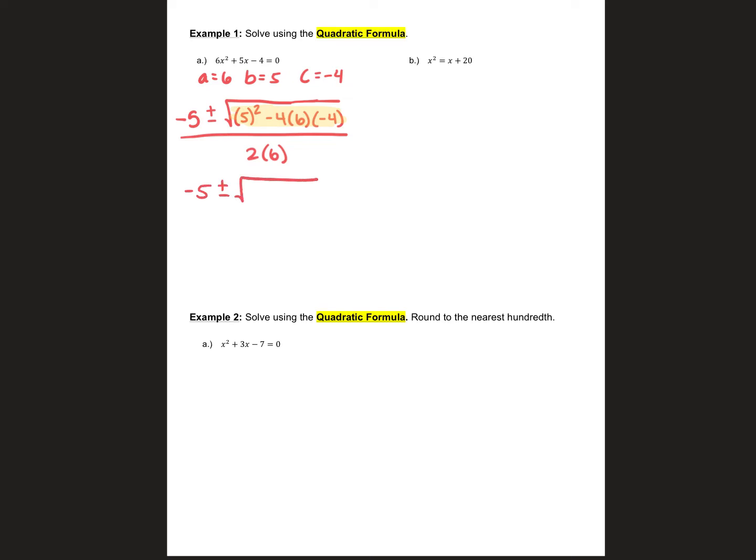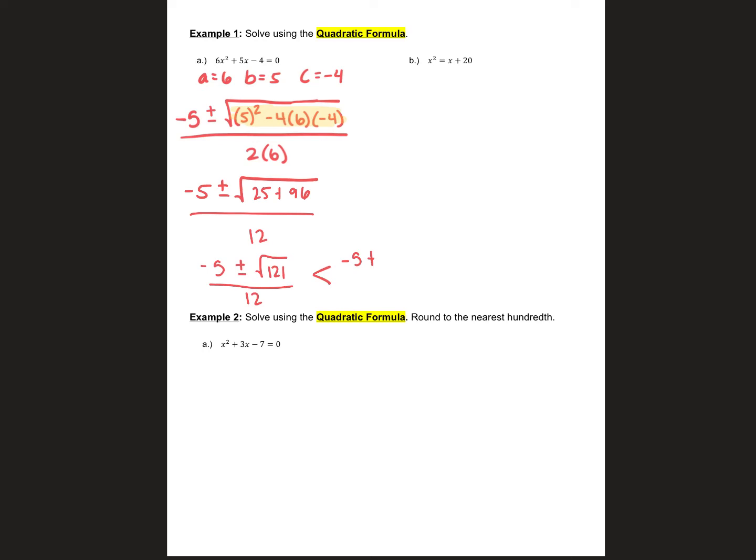The square root, like, where's this 25. 24 times 4, 96. 25 plus 96. All over 12. Negative 5 plus or minus the square root of 121, all over 12. And then once you get here, you make two separate math problems.